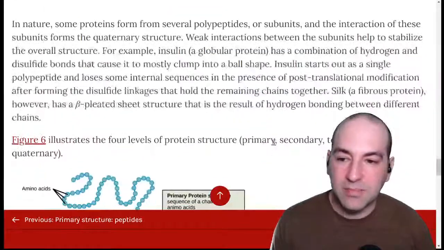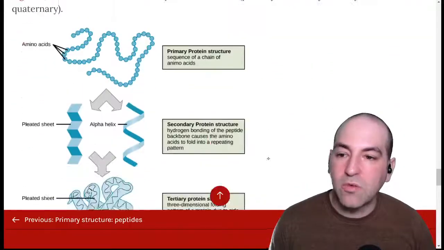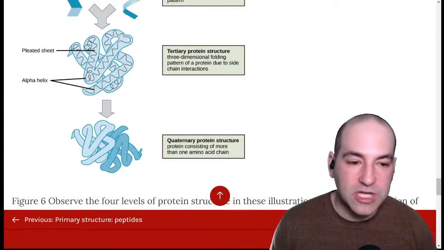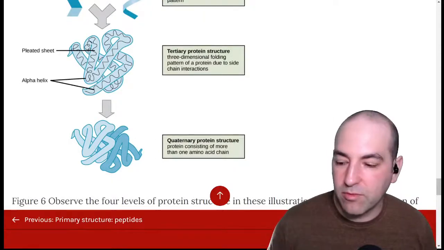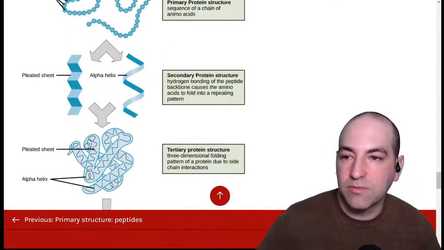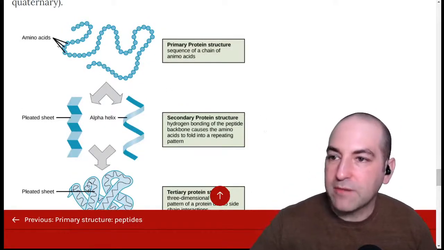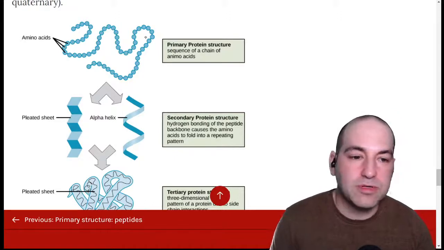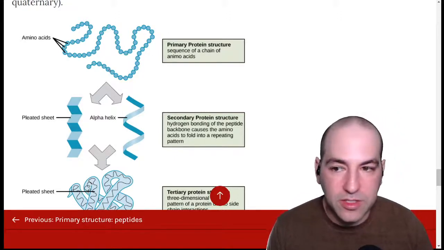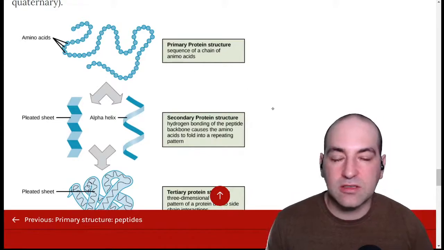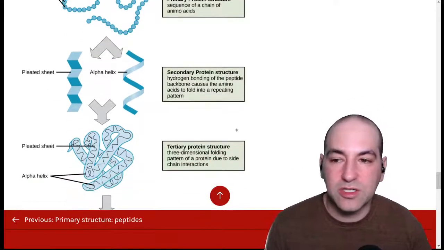Then the final piece is the quaternary structure, where you can have multiple amino acid chains come together to be part of a protein. All right. So just to review, we've got amino acids linking up in a particular order to make the primary structure, then forming sheet and helix type structures to make a secondary structure.